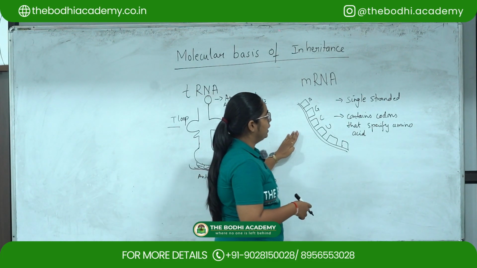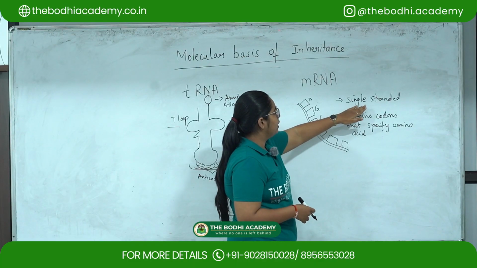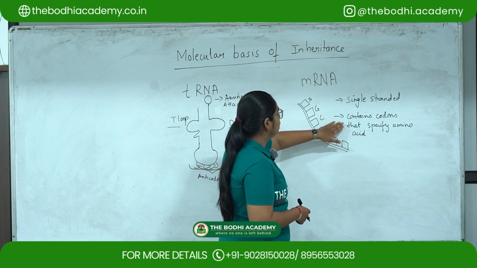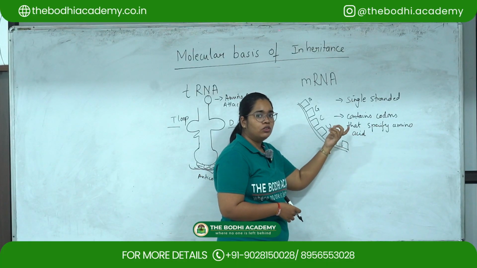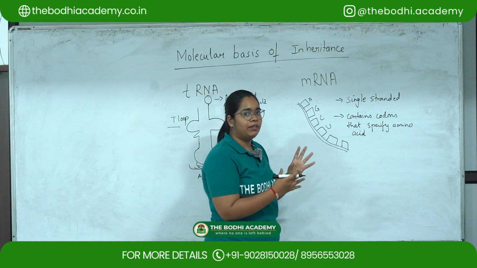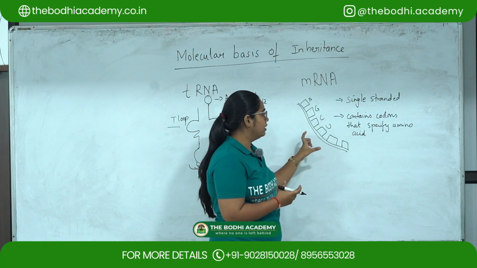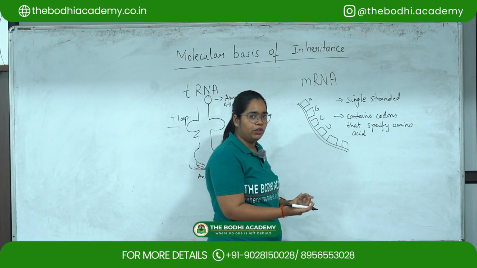Then comes your mRNA. So mRNA is basically a single-stranded molecule which contains codons that specify amino acids. So there are specific codons which are present to produce a specific amino acid.